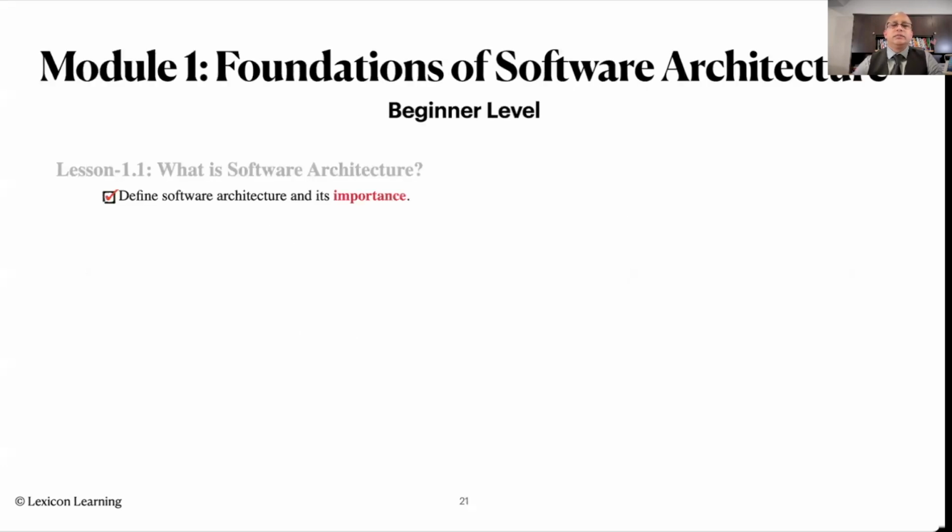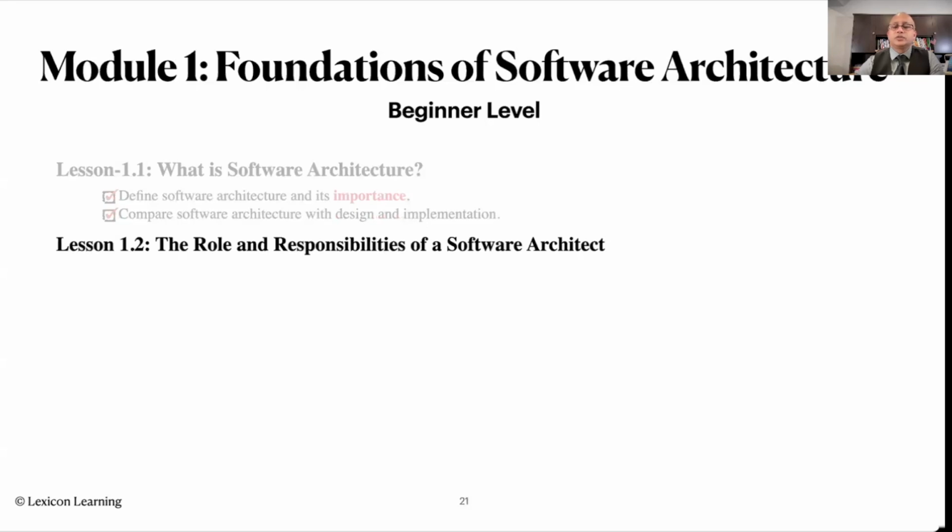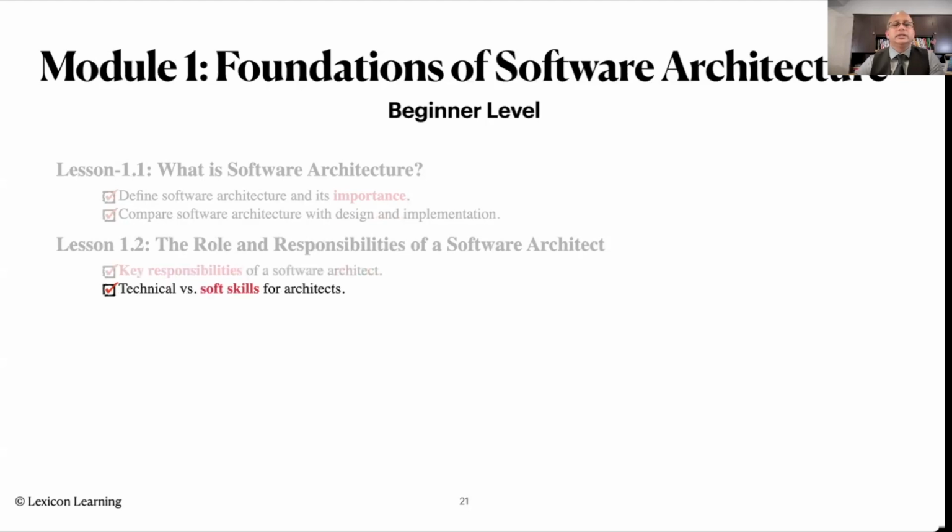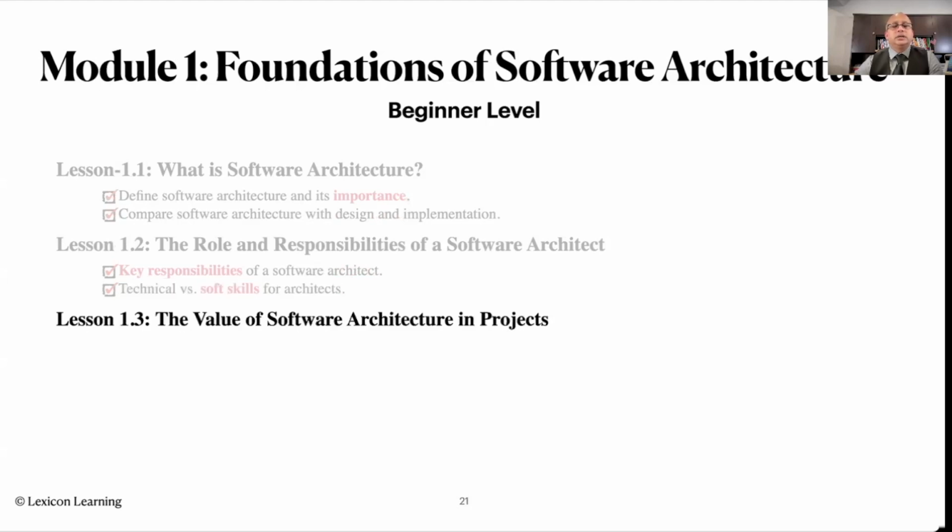For module 1, we have lesson about what is software architecture and its importance, and then compare the architecture with design and implementations, role and responsibilities of software architect, key responsibilities of software architect, and the role of technical and soft skill for the architect. The value of software architecture in projects.